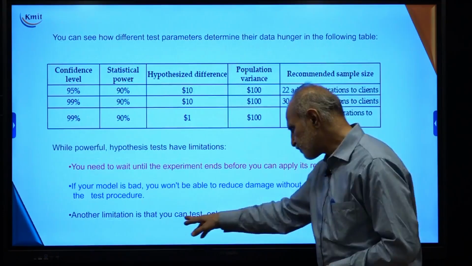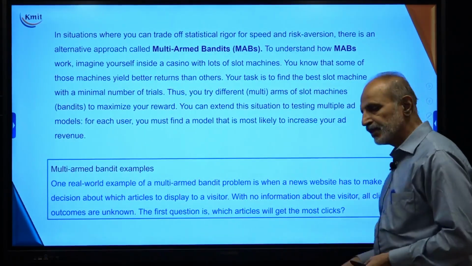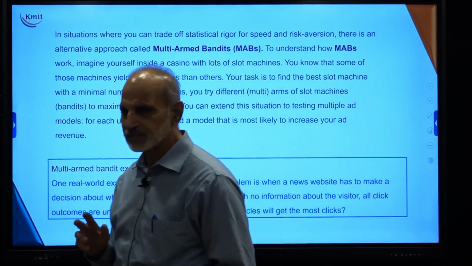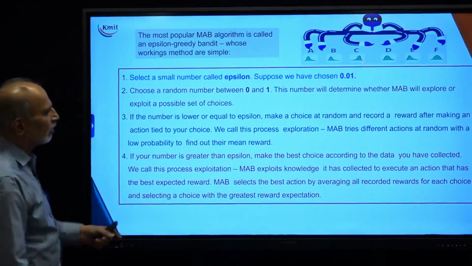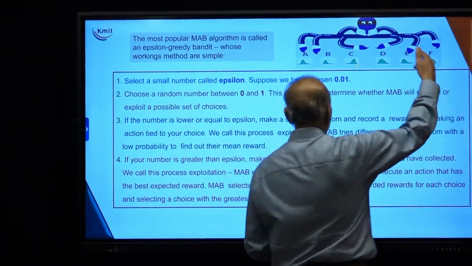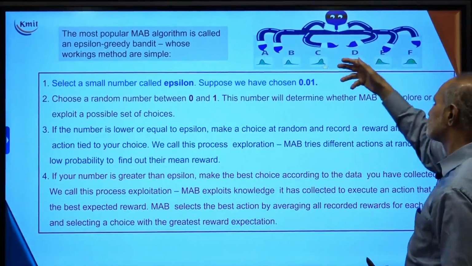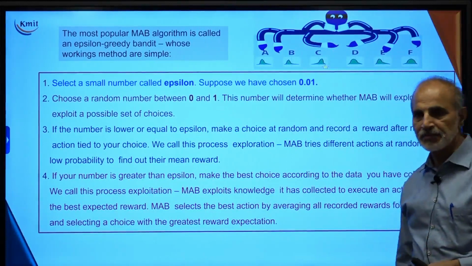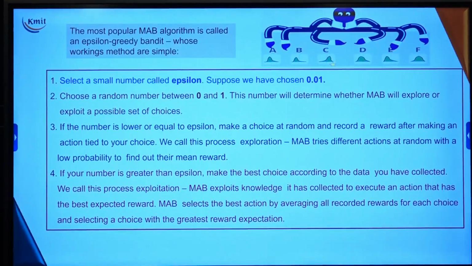The first question is which article will get the most number of clicks. So, this is what we call a multi-arm bandit problem. Now, I have shown you a figure here. How many arms? 1, 2, 3, 4, 5, 6 arms. So, one person is having multiple arms. That is why it is called a multi-arm bandit algorithm.